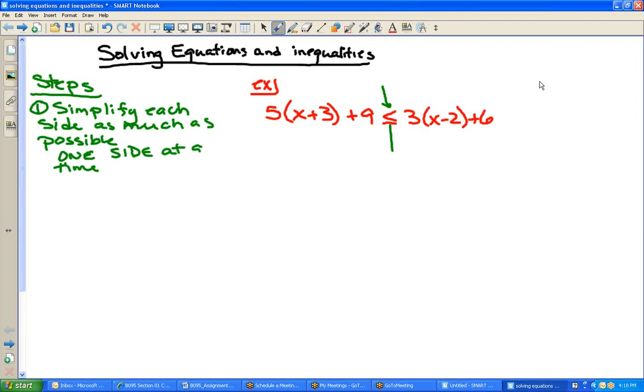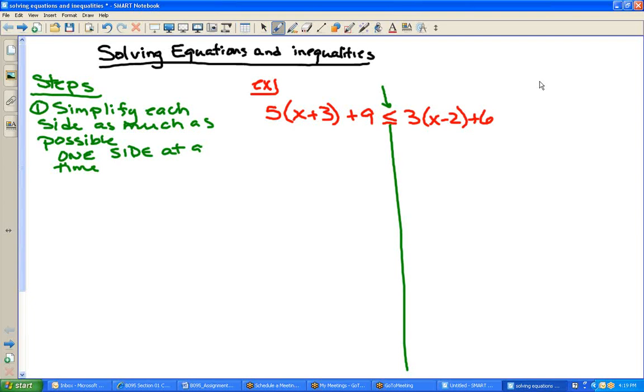My two sides, if you need to separate it, you can draw a line through underneath the inequality, and you're going to keep that inequality. But we're going to think of it one side at a time. So now I have the left side, which is 5 times x plus 3 plus 9, and the right side, which is 3 times x minus 2 plus 6.